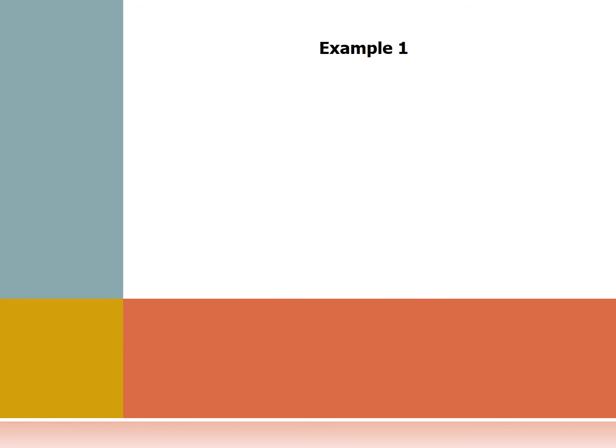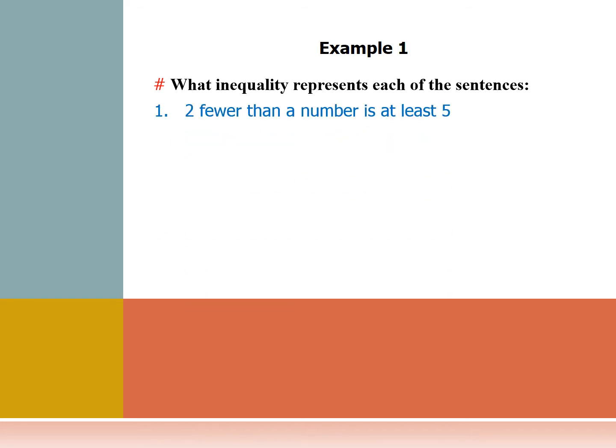And here we have an example: what inequality represents each of the sentences. We have sentences or statements, and we have to change them to mathematical expressions using the inequality sign with variables and numbers. Number 1, two fewer than a number is at least 5. So the least number here is 5.